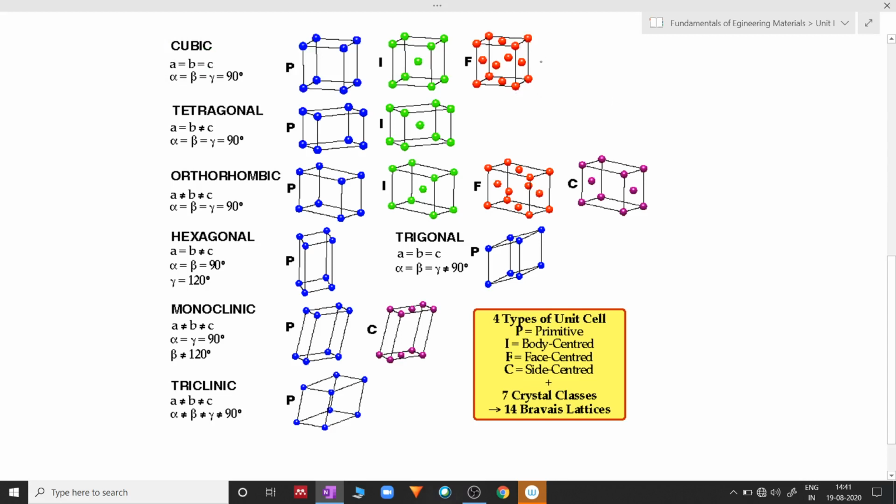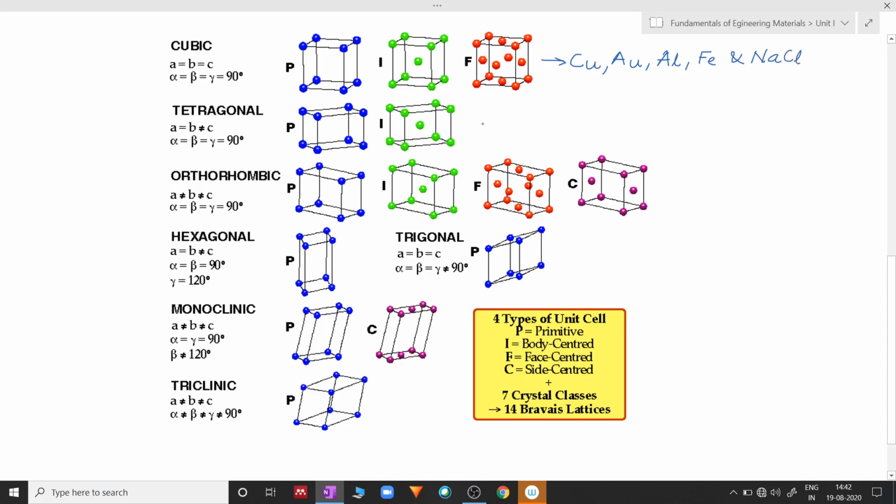Copper, aluminium, iron, and salt also, NaCl.